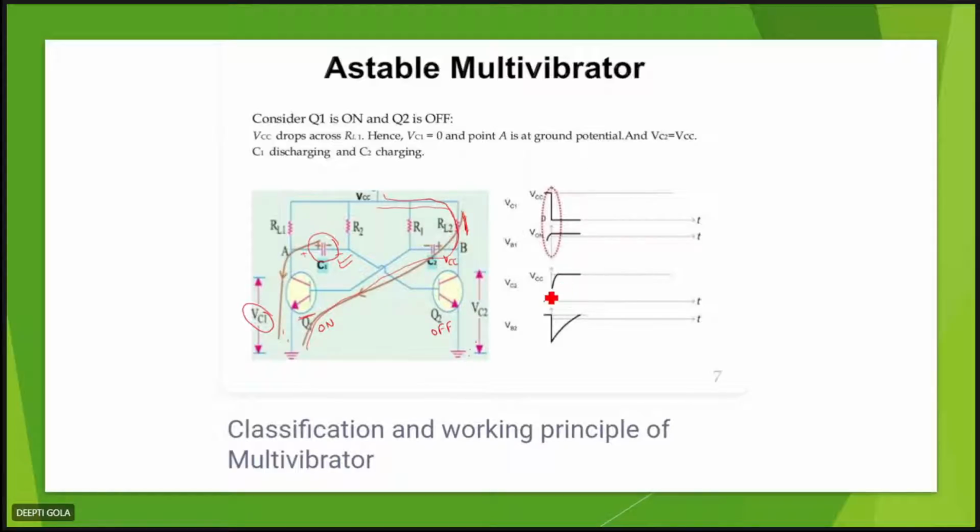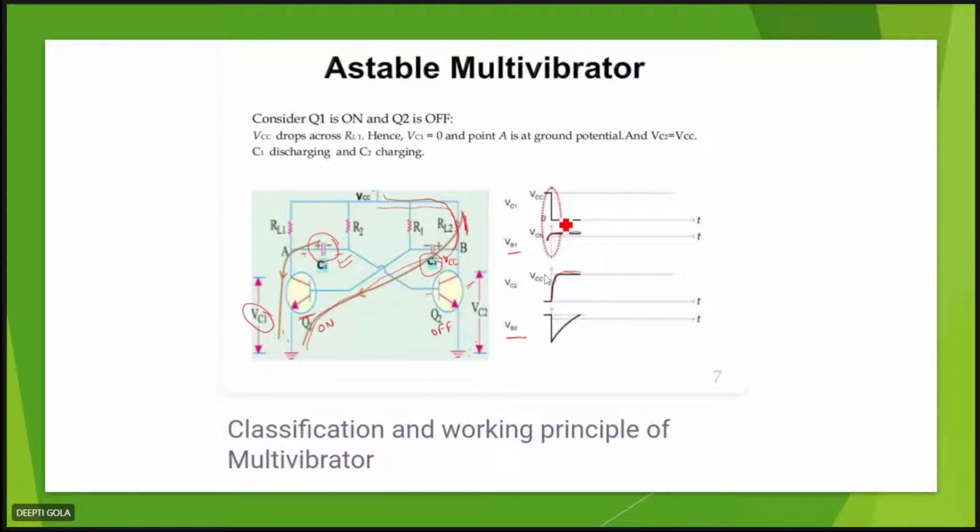So at the collector of Q2 you will get some output like this, and at the base, VB2 will be 0 because Q2 is in the off state, and at the base VB1 there will be some input because C2 is getting charged. So this will increase very gradually like this.